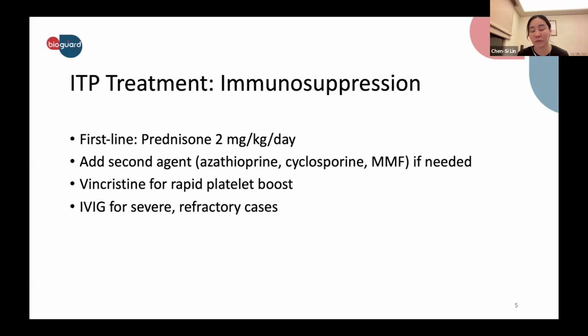So preserve it for life-threatening cases, or vincristine-contraindicated dogs. So that's what we use for ITP treatment.